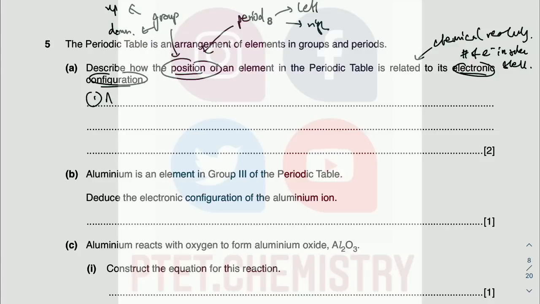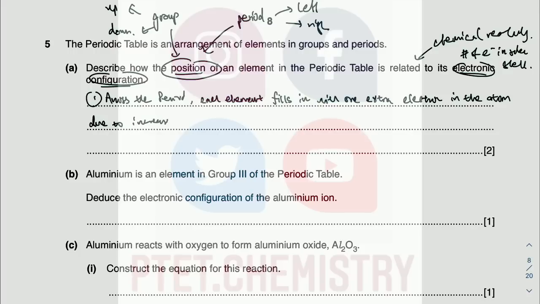So across the period, each element fills in with one extra electron in the atom, due to an increase of one proton as well. But we want electronic configuration.